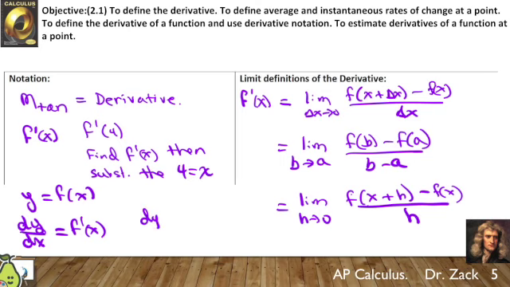Lastly, if you see dy dx at x equals negative 2, this tells you once again, find your derivative, then substitute in x equals negative 2. All right, so now you know the definition of the derivative. It is the slope of the tangent line or the instantaneous rate of change at a particular point.